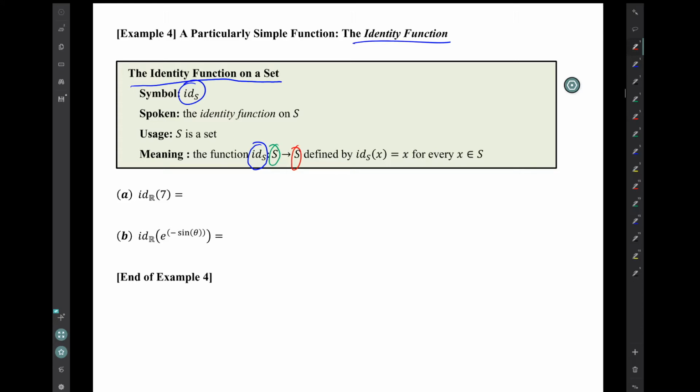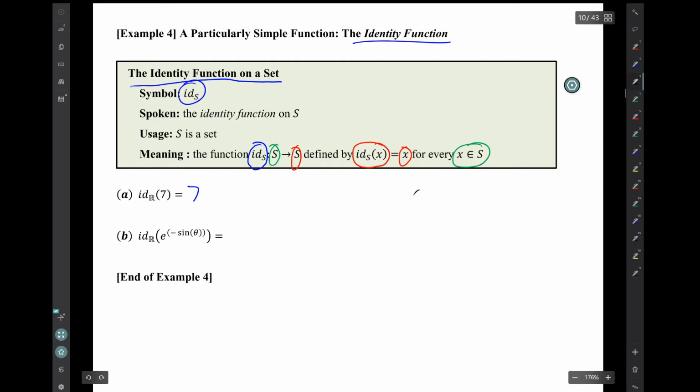Now, anytime somebody wants to sell you a function, they have to tell you the domain and the range, and they have to tell you how the function works. So here's how the function is defined to work. For every x that's in the domain, the corresponding output is just the same as x. So in other words, if I do this, the identity function on the set of real numbers with 7 used as input, that means the output is going to be 7 as well.